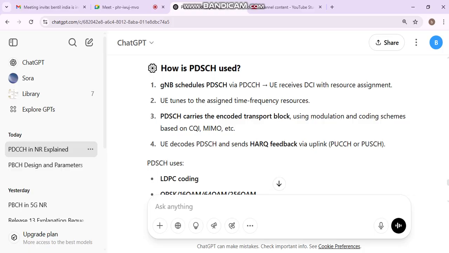Then PDSCH carries the encoded transport block using modulation and coding schemes based on CQI, MIMO, etc. The UE decodes PDSCH and sends HARQ feedback via uplink PUCCH or PUSCH.